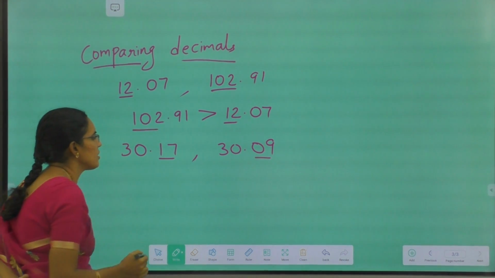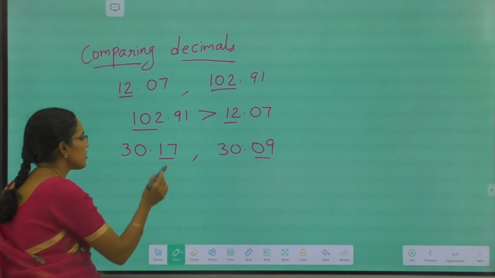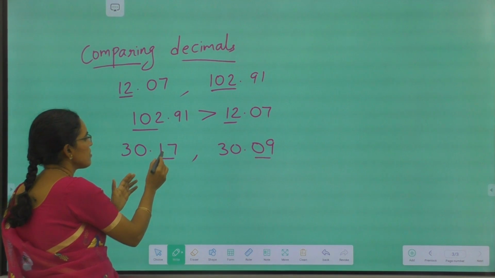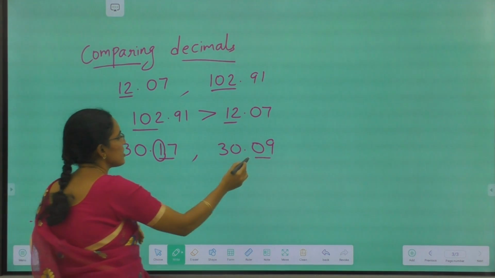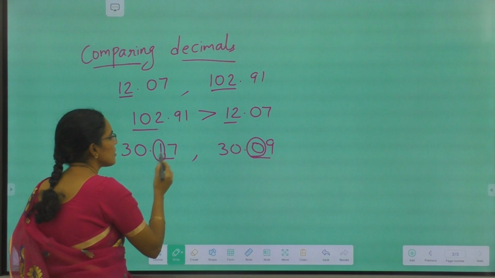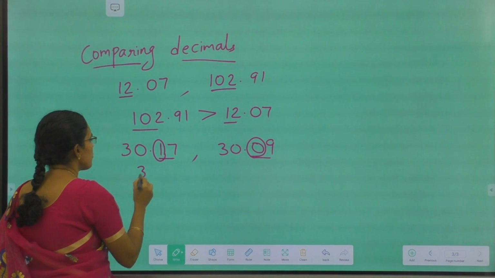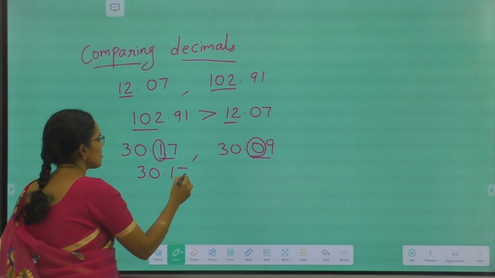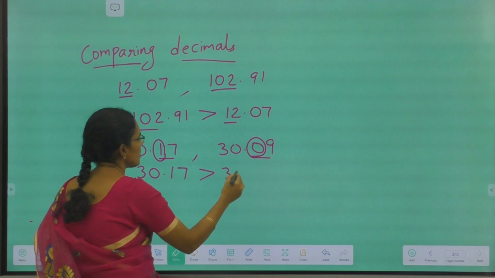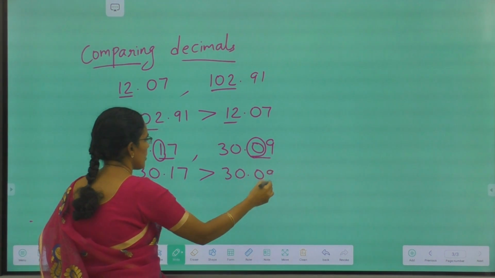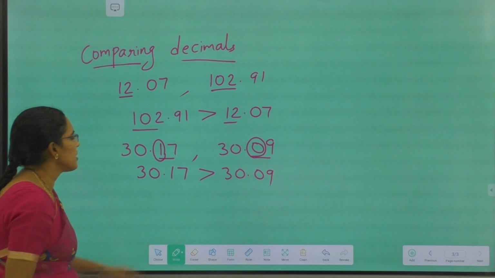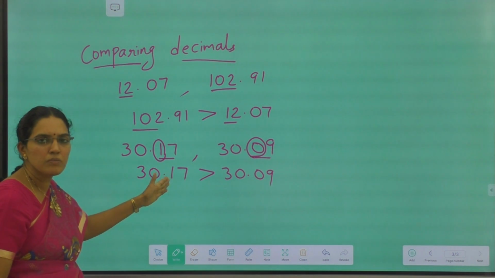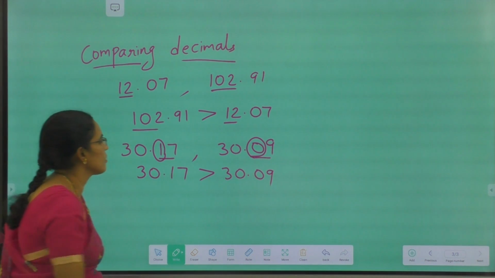You can compare in that way, or else observe the 10th place. Here it is 1 and here it is 0. 1 is greater than 0. Therefore, 30.17 is greater than 30.09. Okay.